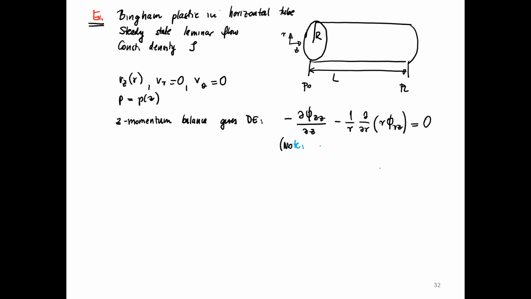Note, GZ is 0 in this coordinate system. So that I don't have the action of external forces, or gravity cannot change my momentum. What's driving the flow is just the pressure difference applied.